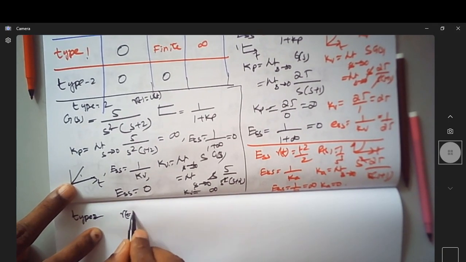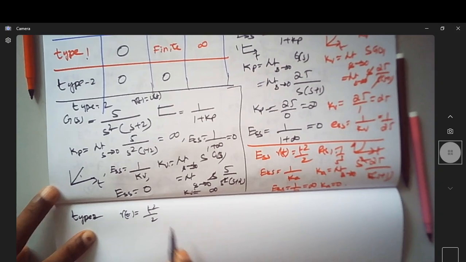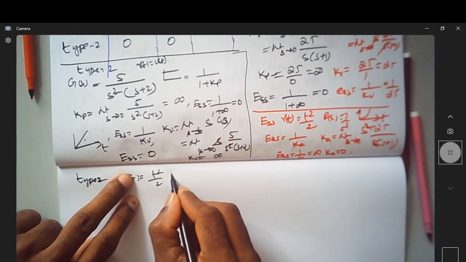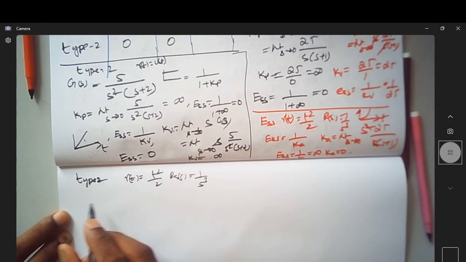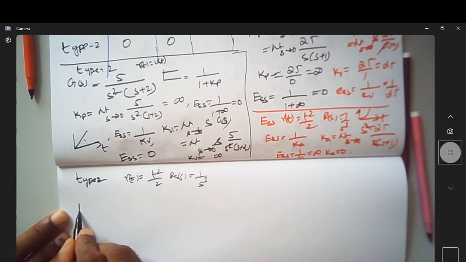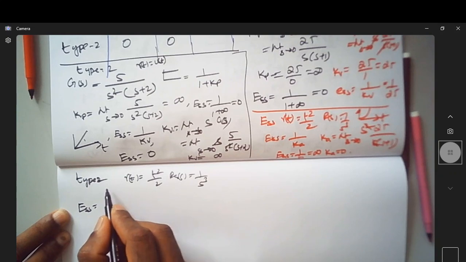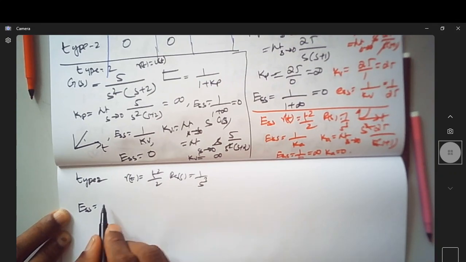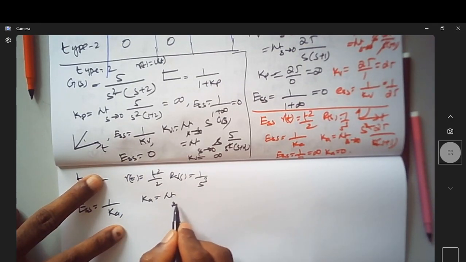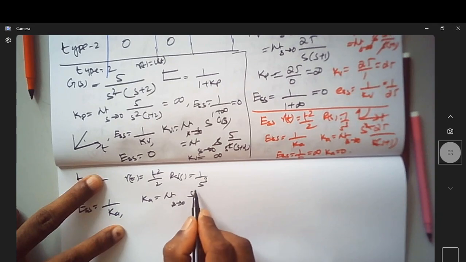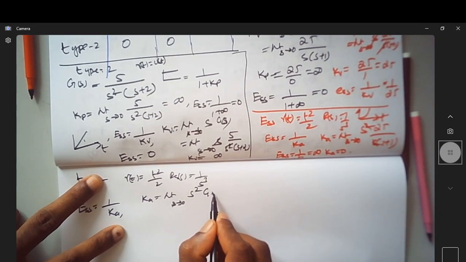So let us again take same type 2 system. Let us consider R of t as t square by 2, where R of s will become 1 over s cube. So what is ESS of this? ESS of a parabolic input is 1 over Ka, where Ka is given by limit of s tending to 0, s square into GFS.